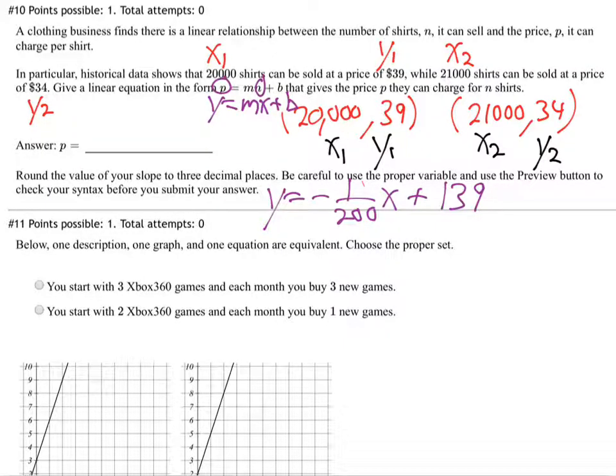So the n replaces the x. So it should be minus 1 over 200n plus 139. You just stick an n instead of x. Do you see how they're doing the same exact thing? Instead of mx plus b, it's mn plus b. So n just takes the spot of x.